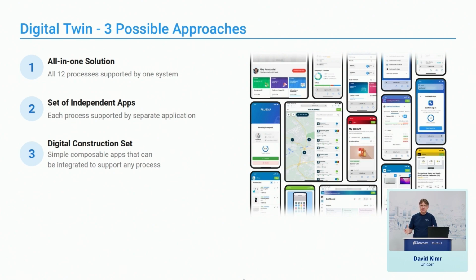This approach has its advantages, such as, for instance, the user has just one solution that looks the same everywhere. There's always the same login, and orientation, navigation through is easier. Disadvantage of such a solution is that if a company needs just a subset of the solution, often it's not possible. And therefore, running such a thing may be quite expensive from the point of view of IT technologies.